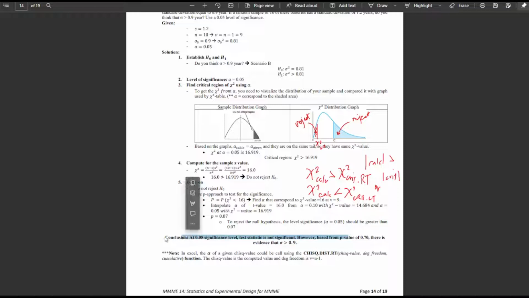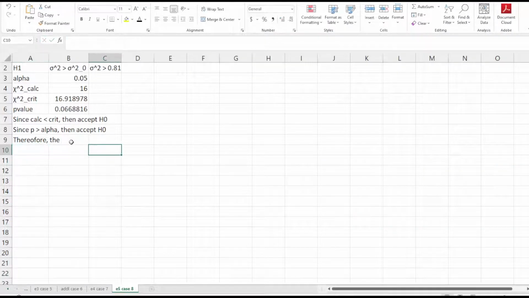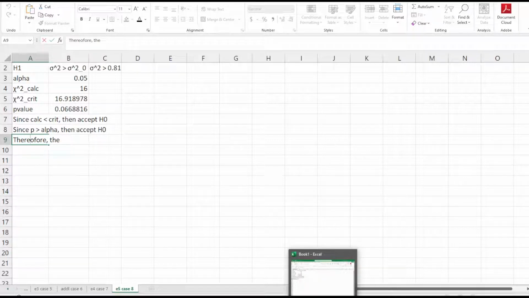Parang weird itong conclusion na to. I'll just have to correct this. Tapos lagay ko na lang yung totoo dito. So, let me see, tapusin natin to.